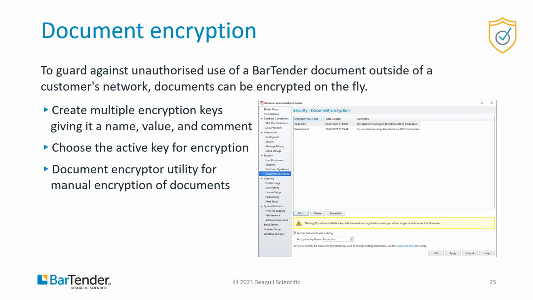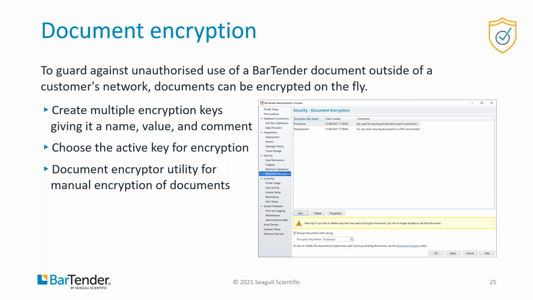You'll notice that you can select one of the encryption keys to be used for actively encrypting documents when a document is saved. But of course, over a period of time, that can result in different documents being encrypted with different keys. And therefore, you retain your keys in order to be able to decrypt those older documents.